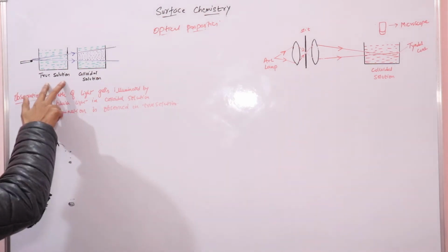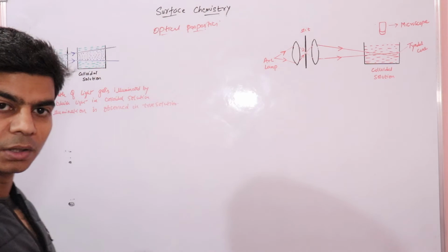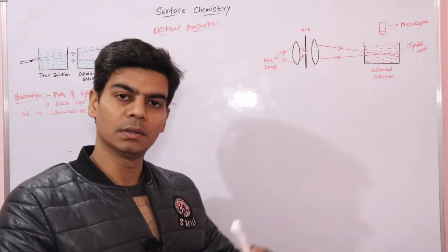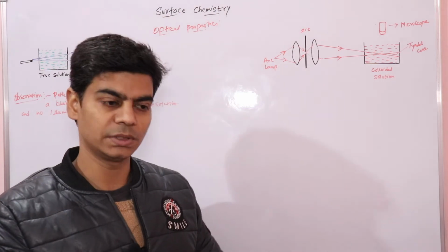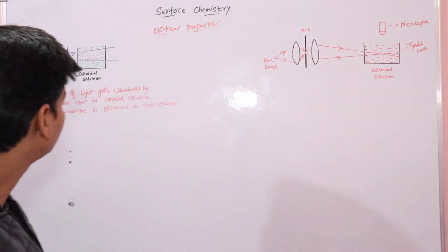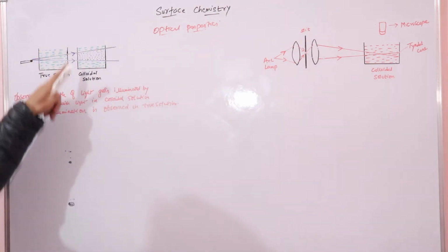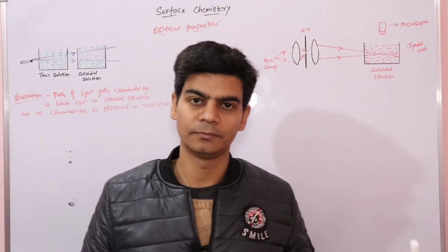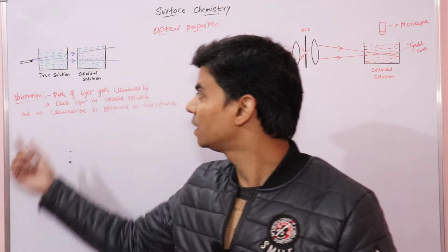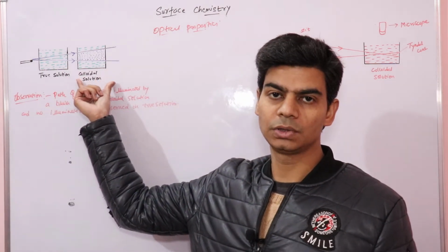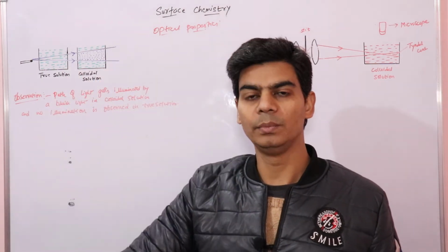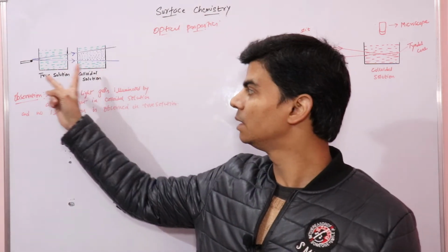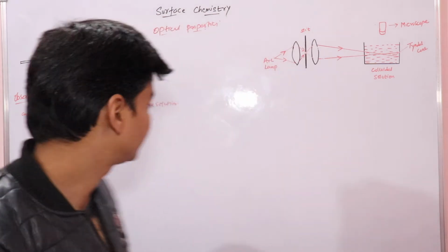The particle size in a true solution is smaller compared to the dispersed phase particles in a colloidal solution. Particle size in a true solution is less than 1 nanometer, as we have done in our previous lectures, and in a colloidal solution it ranges between 1 nanometer and 1000 nanometer. So the particle size is bigger compared to true solutions.